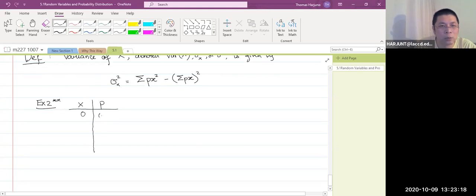Zero here is 0.6, 1 here is 0.3, 2 is 0.07, 3 is 0.03.